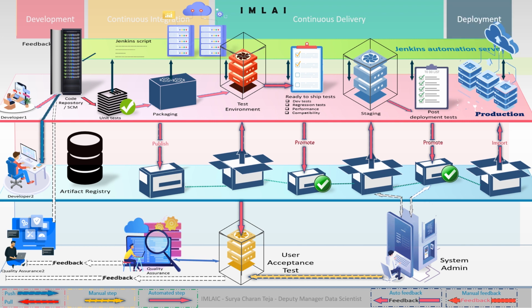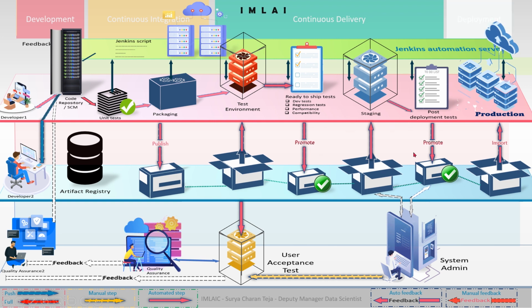So this part, after building an application, getting an archive, doing tests, putting it in the staging environment, testing it and promoting it back to the artifact registry, from here till here, this part is called continuous delivery.